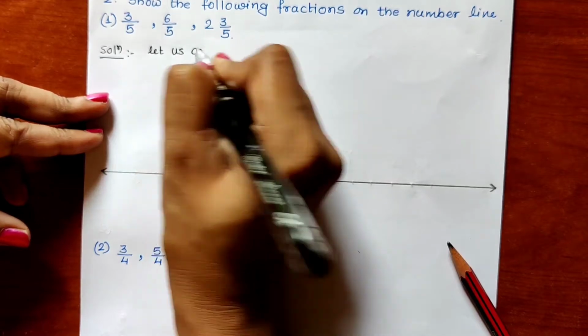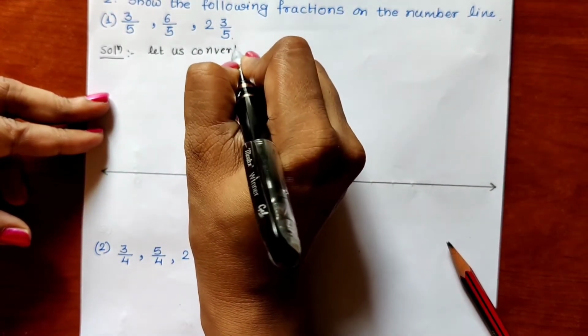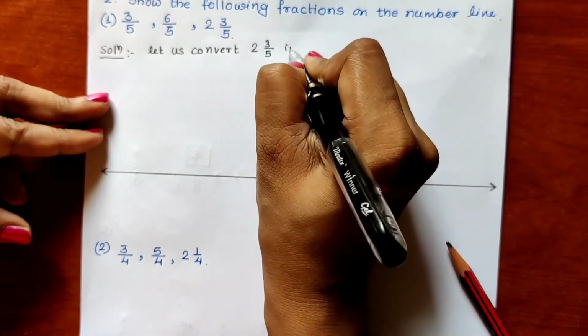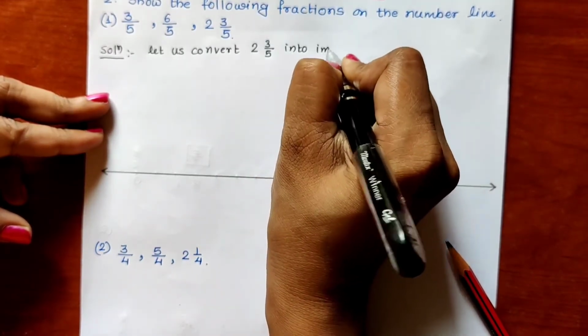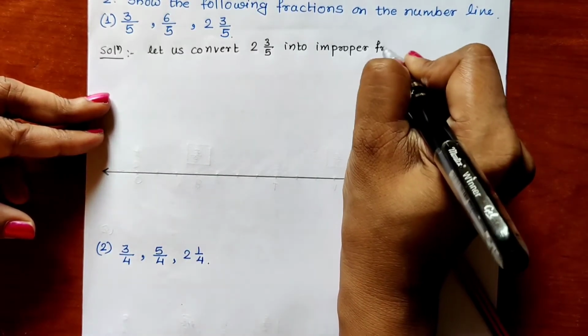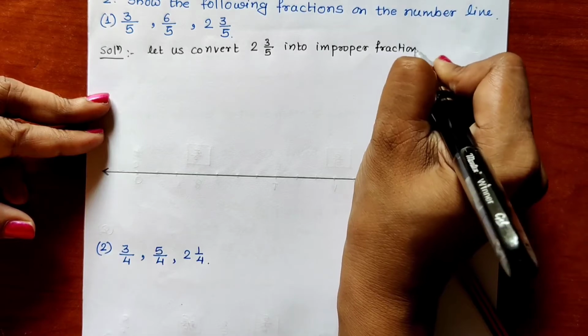Let us convert 2 integer 3 upon 5 into an improper fraction. Okay, how to convert? We all know that.